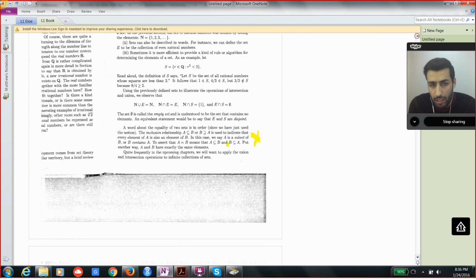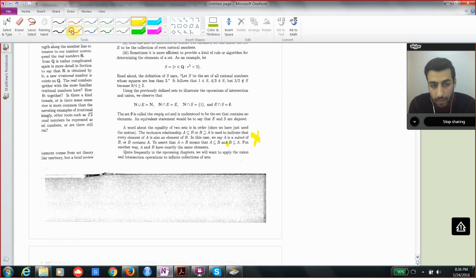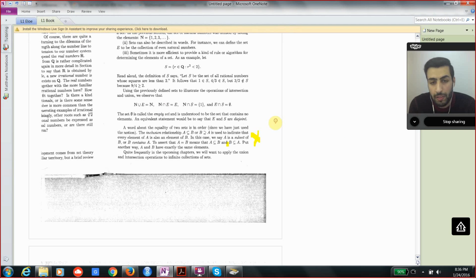Yeah, and let me actually write it out. This is kind of a good thing to write out, just to be careful. So when we say that A is a subset of B, what this means is that if x is an element of A, what do we know?